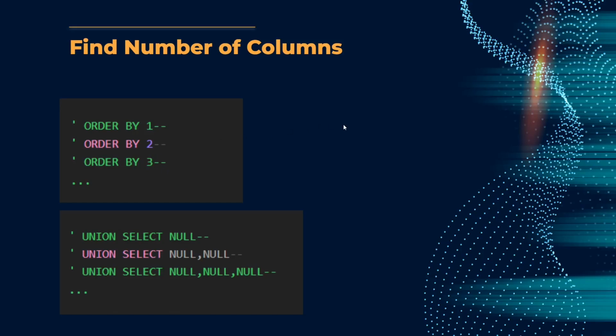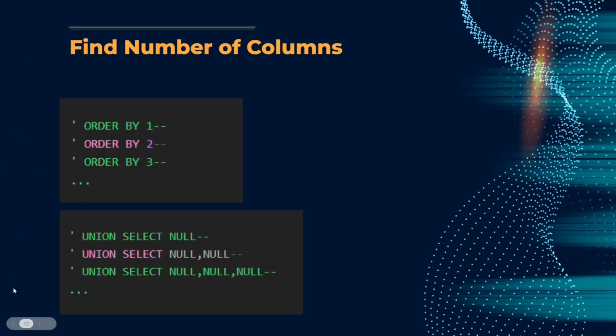But basically, if there's a select statement before this, like select name and ID from users, when you say order by, it'll only return true if this number here is the number of columns in that original select query that might be off here to the side.